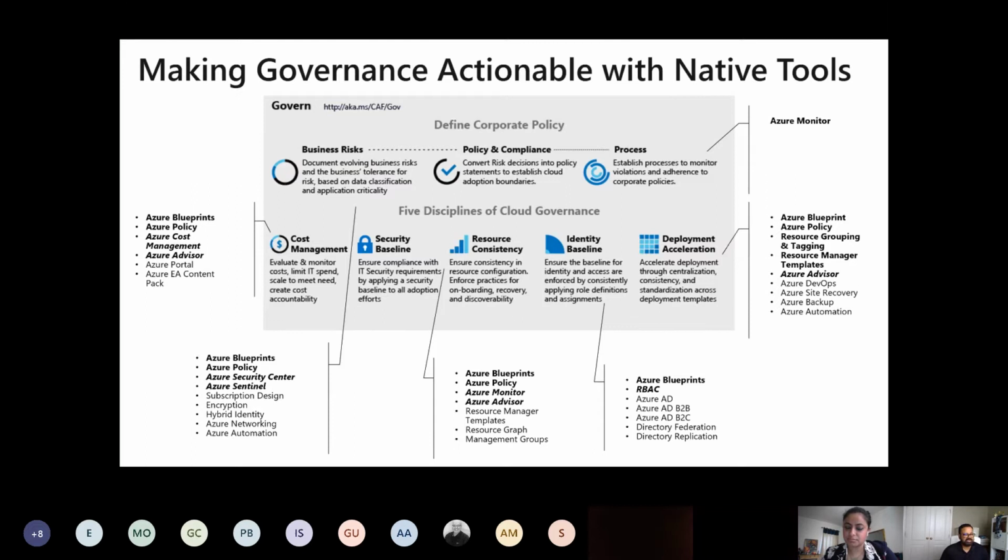From the security side, we have Azure Security Center and Azure Sentinel. Blueprints are again for creating vetted environments, which can be stamped, and then we can have a replica of all that, and then we can have policies which are like auditing and compliance kind of things. So we'll talk about some of those things in the next slides.